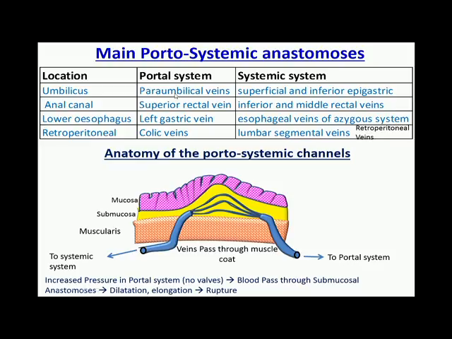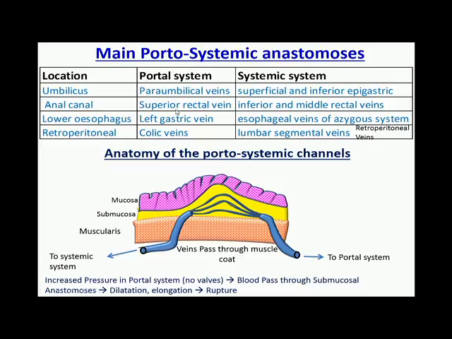The portal system veins are the paraumbilical veins, and most of these veins drain along the ligamentum teres towards the liver. And the systemic veins are the superficial and inferior and superior epigastric veins draining into the inferior vena cava below and superior vena cava above. So there's a connection between the caval and portal system. So this is portal and this is caval, systemic.